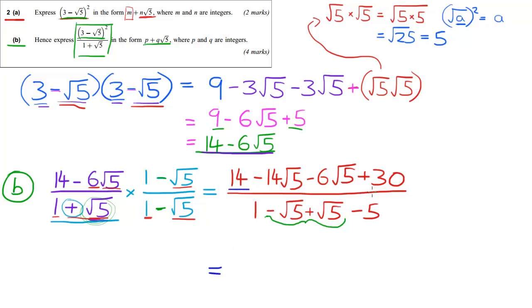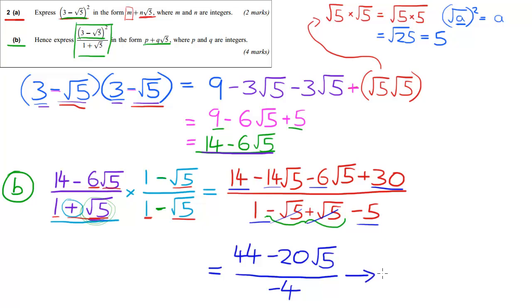So 14 plus 30 is going to be 44. Then minus 14 minus 6 is going to be minus 20 root 5. Because these two cancel out, we're going to get 1 minus 5, so minus 4.